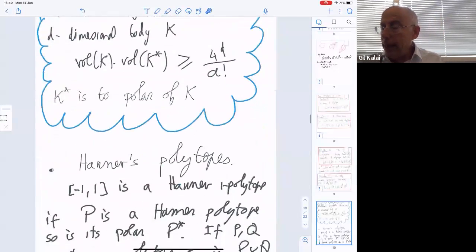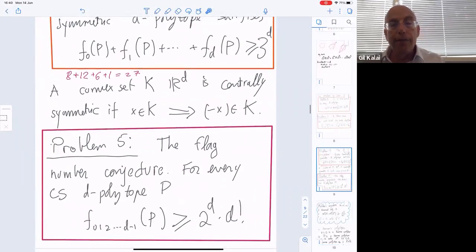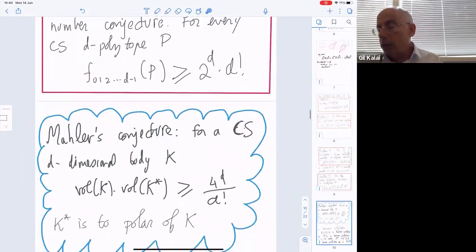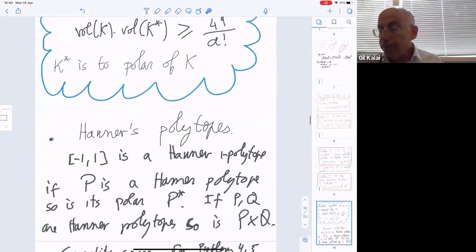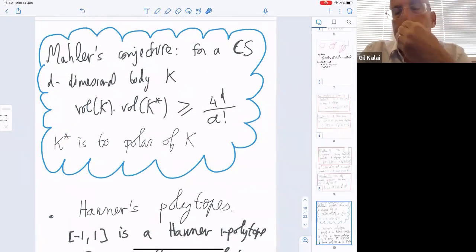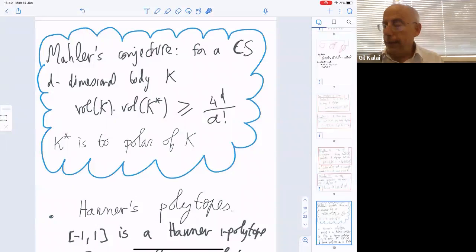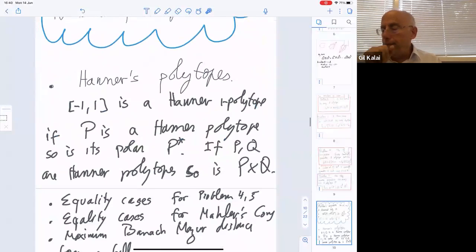And now there is one exciting fact about these three conjectures: the cases of equality include a rich set, and those are called the Hanner polytopes.